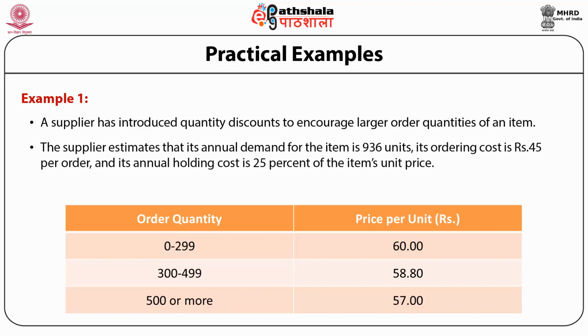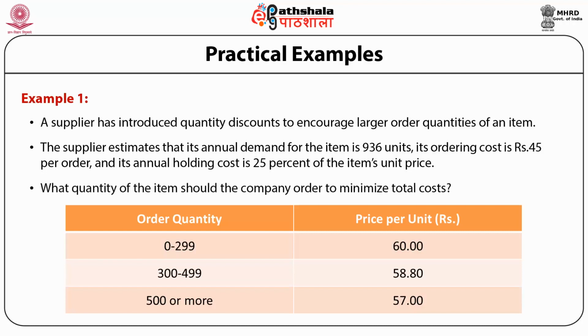The company estimates that its annual demand for the item is 936 units. Its ordering cost is rupees 45 per order and its annual holding cost is 25% of the item's unit price. What quantity of the item should the company order to minimize total cost?